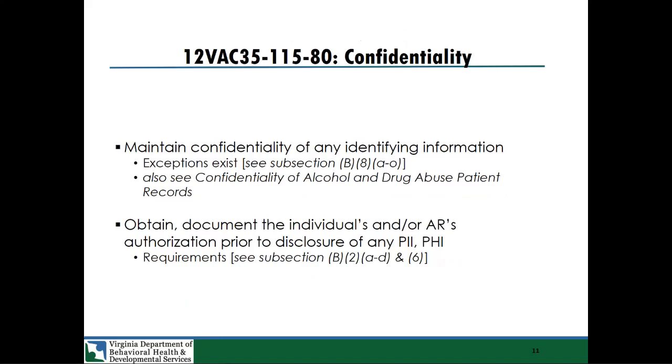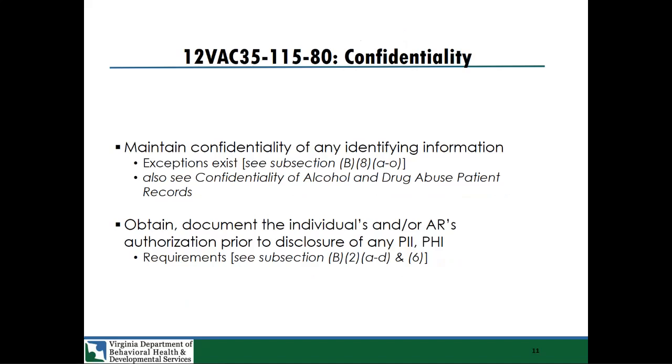Section 80 of the Human Rights Regulations on confidentiality is an expansive section. It is detailed in your mandates as a provider to ensure and maintain the confidentiality of the individual's identifying information.